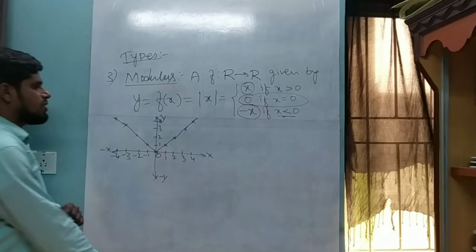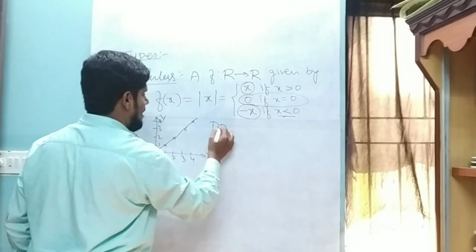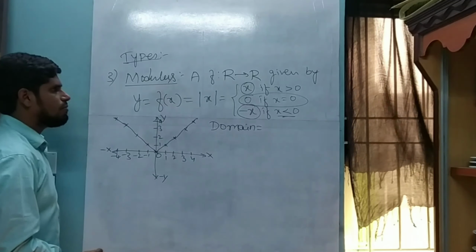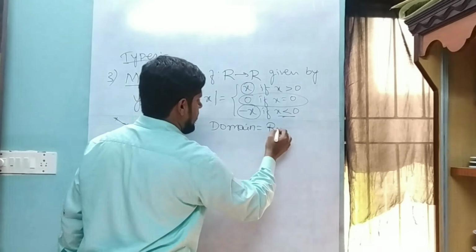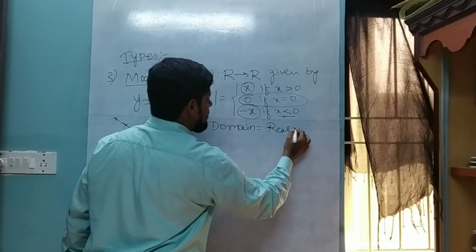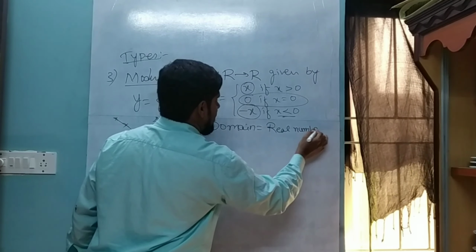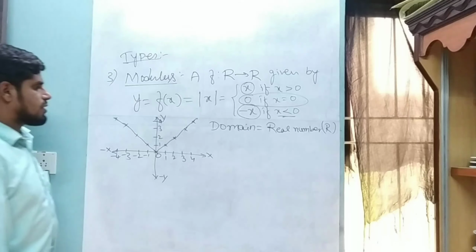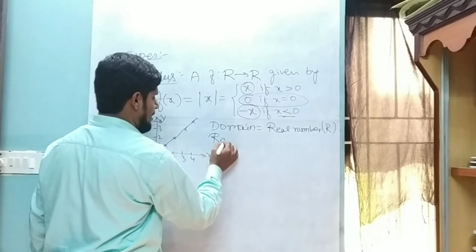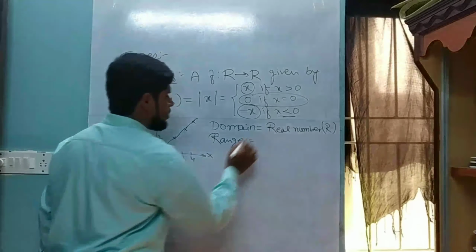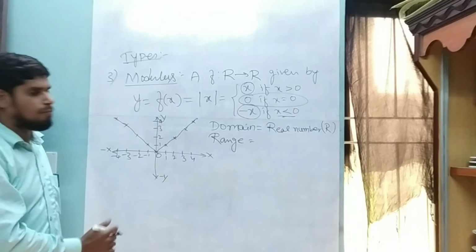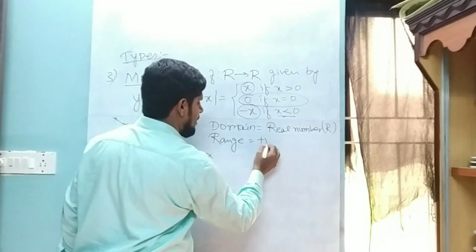Okay. Let us see what is the domain here. Domain is any real number we can give, so it is real numbers, capital R. Next, what is the range? Student, as I said, I am always getting positive numbers, so positive real numbers are my output.